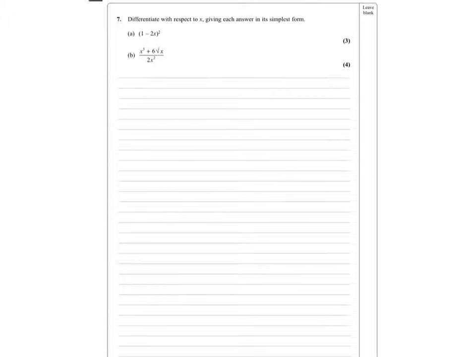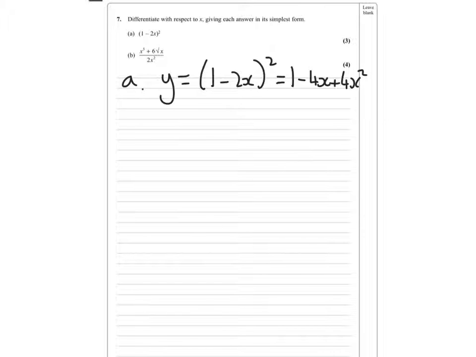Right, question 7a, before you differentiate, you need to multiply out, so you need to say that it's 1 minus 2x squared equals 1 minus 4x plus 4x squared. You can change the order of that, that's fine, and then you differentiate.